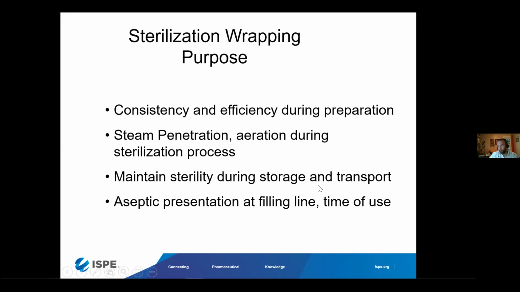So this last bullet is often overlooked, and yet it is the most important part of the sterilization wrapping. So think about when you're evaluating sterilization wrapping materials, always keep the end goal in mind.